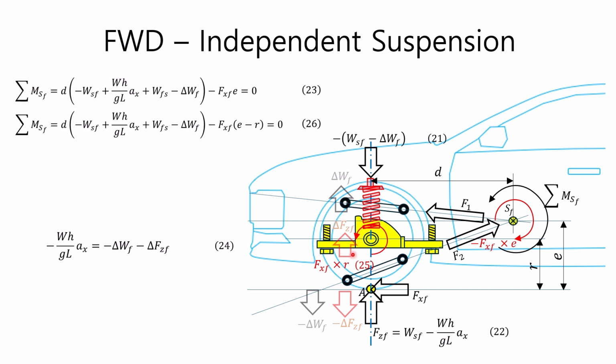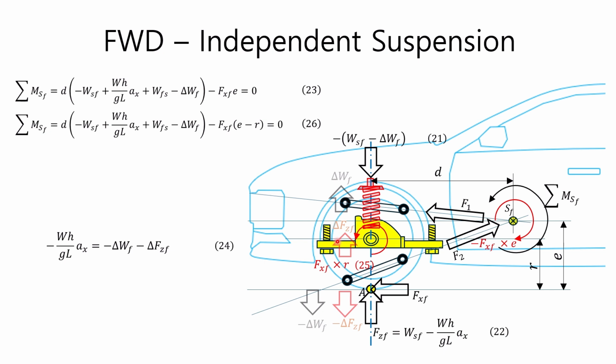Furthermore, since the driving force, FXF, acts parallel to the ground at a location vertically downward at a distance e from the virtual reaction point, SF, a moment of magnitude equal to the driving force, FXF, multiplied by the distance e is generated about the virtual reaction point, SF. This moment occurs clockwise with respect to the virtual reaction point SF. Up to this point, it is the same as the solid axle suspension described earlier.